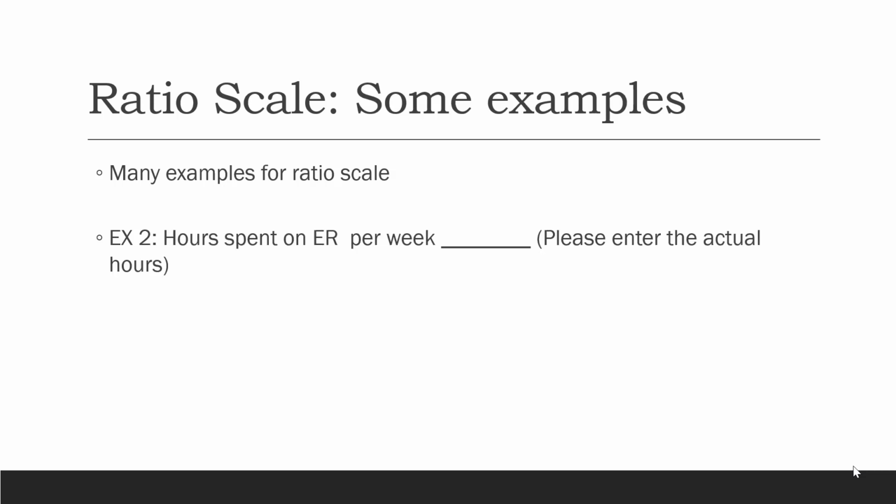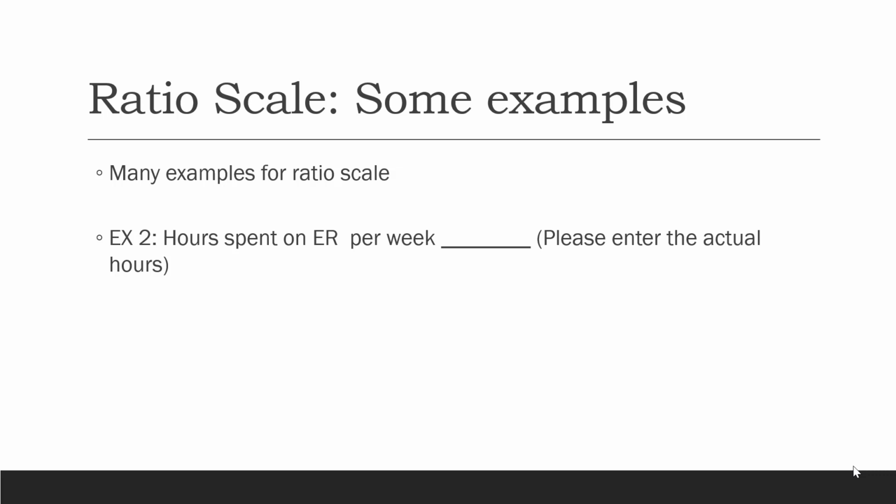Another example that is very relevant to the field of education is a question or item related to hours the respondent spends on extensive reading per week, and you might invite the participant to enter the actual hours that they devote to extensive reading per week outside the classroom.